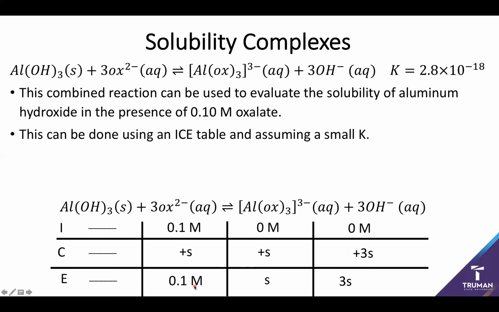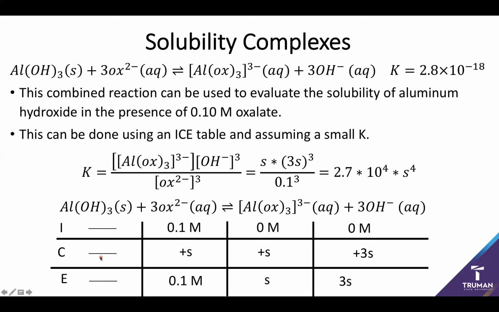So I can go ahead and end up ignoring this and look at exactly how much of the hydroxide and aluminum oxalate I end up producing. Now, one of the big things here is I'm able to use S for solubility instead of X, because what I'm really trying to figure out is the amount of moles of the aluminum hydroxide that I'm dissolving, which would show up here as a minus X.